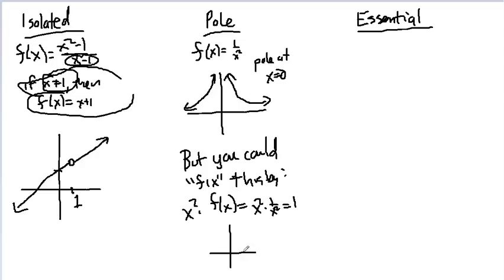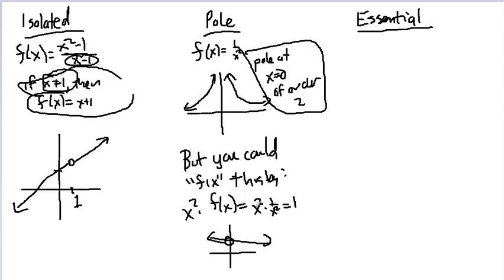And so then you get a nice function that doesn't blow up. So this is a pole at x equals 0, and it's of order 2, because if you multiplied by x squared, you get rid of that pole.